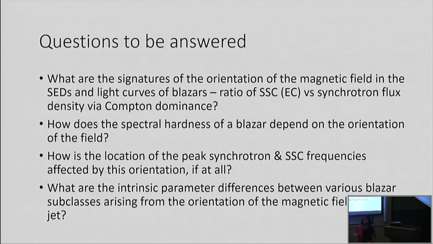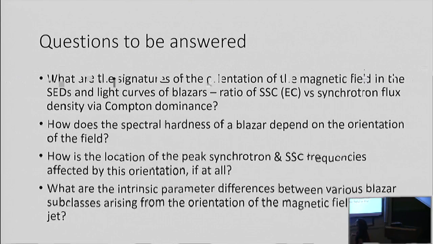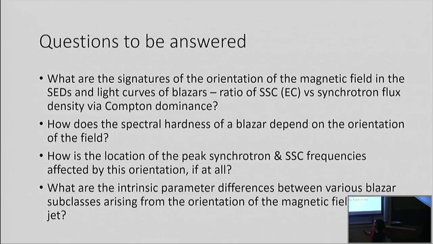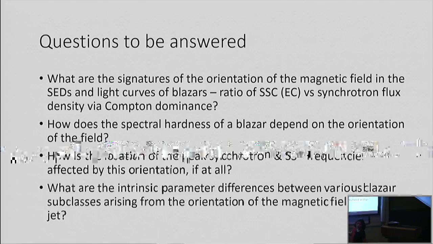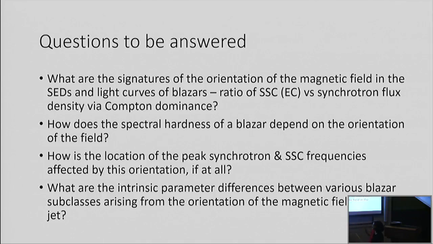Some of the questions that we are trying to answer here is how, for different orientations of the field, of blazars in a given orientation, does the synchrotron and SSC component change at all as you vary it, and are there any intrinsic differences between flat spectrum radio quasars and the BL Lacs which could arise. This is really a topic of a separate talk altogether.